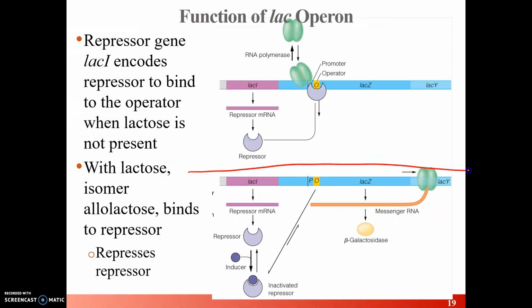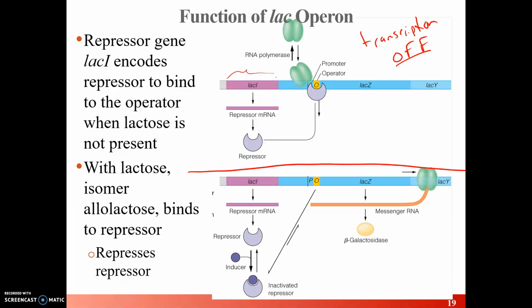I'm going to cut this in half because in the top half, just to be clear, transcription is off. Okay, and they have some sort of equilibrium looking images here. Same three blue genes, same sort of upstream regulator gene, this regulator gene that's kind of purpley pink, and they're actually showing an equilibrium with RNA polymerase coming and going because in this case transcription is off, so RNA polymerase is mostly gone, not there.